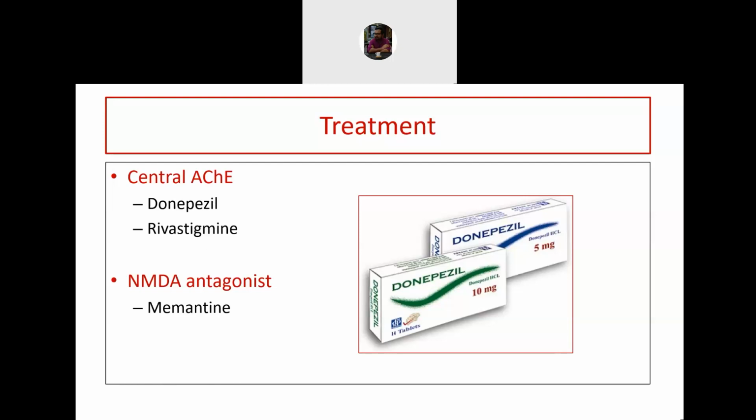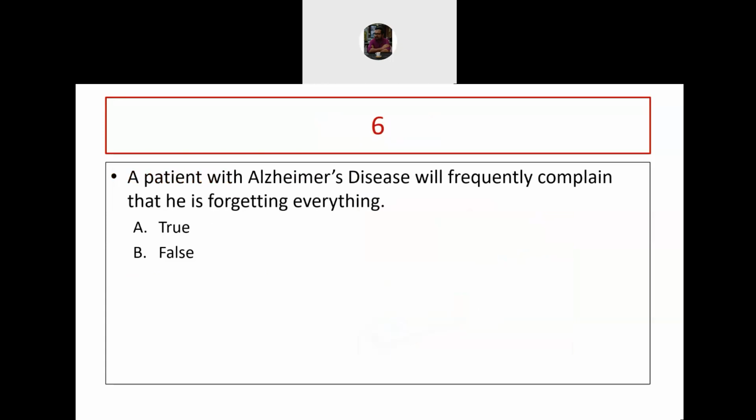I kept it essentially very short because students from different levels are participating in this. Let us conclude by answering the questions. So this was one of the questions we started with. A patient with Alzheimer's will frequently complain that he is forgetting everything. Is it true or false?